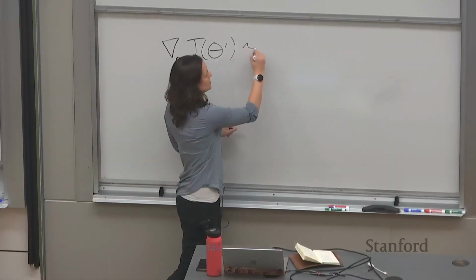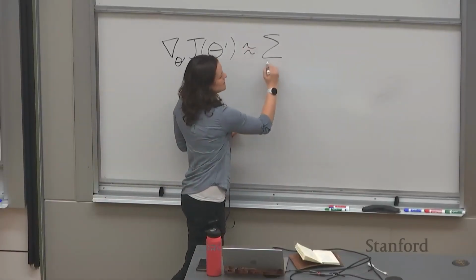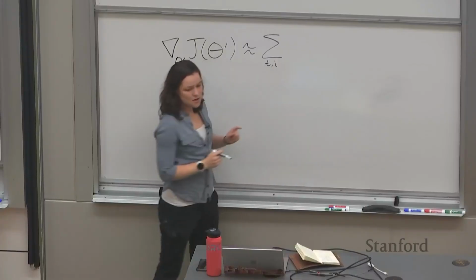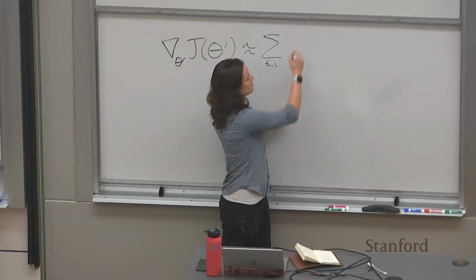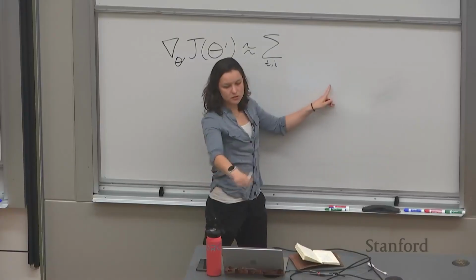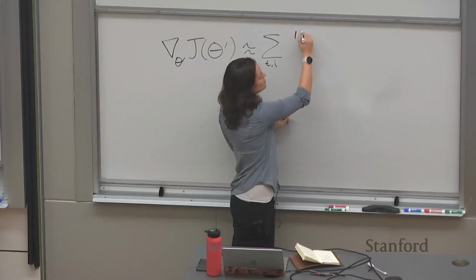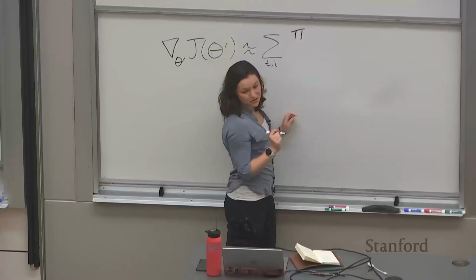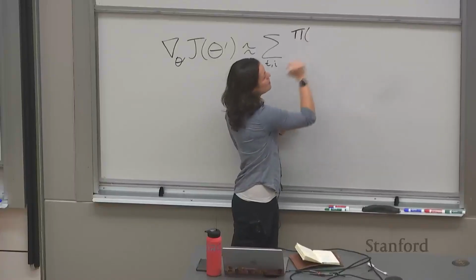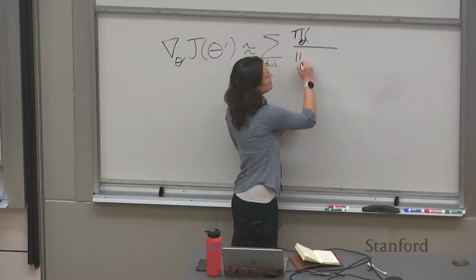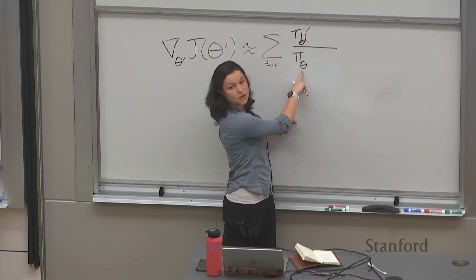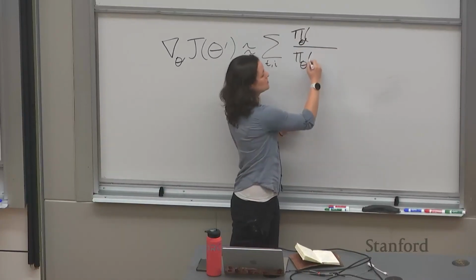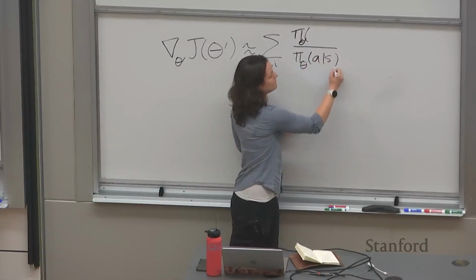And to do this, we will reuse the data that we collected from pi theta in step 1. We're then going to use the same gradient step as before, but we're going to weight the gradient term with an importance ratio between our new policy pi theta prime and the policy that was used to collect the data, which is pi theta.